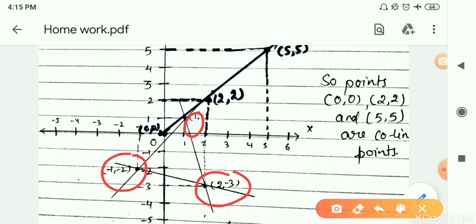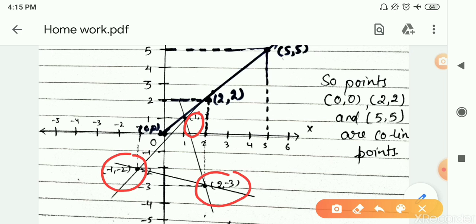You can see these 3 points are lying in different quadrants, and if we try to join them, we can find only one line which is passing through two of the given points. There is no such straight line which can pass through all three given points, so we can say that these points are not collinear.